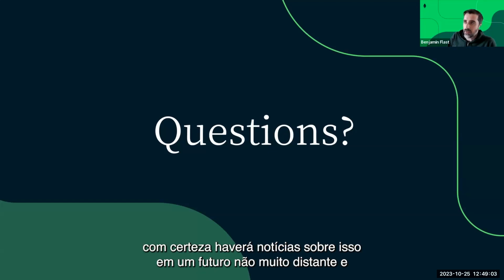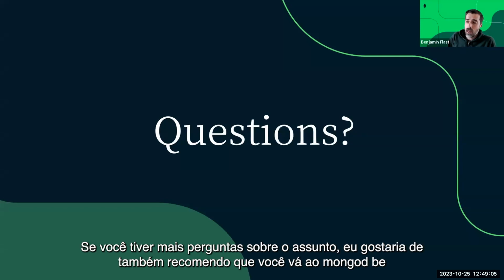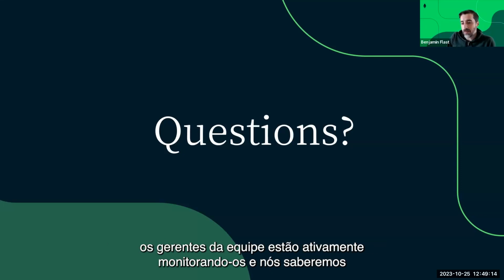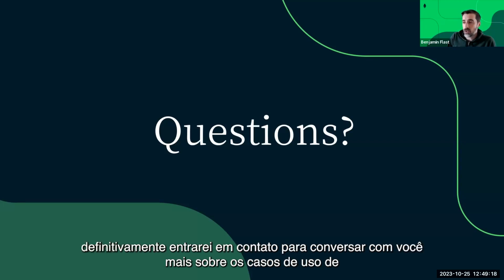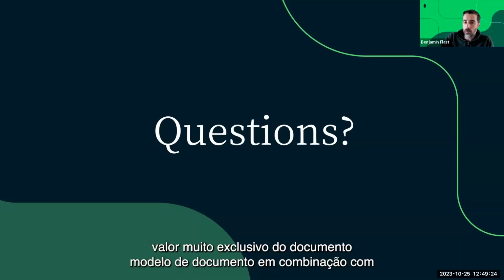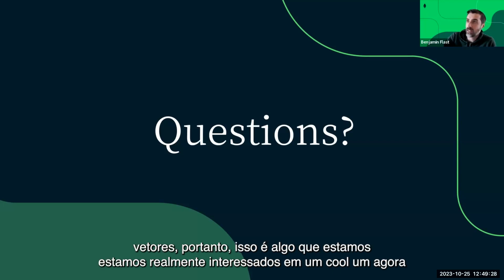There'll definitely be news about this coming in the not too distant future. And if you have more questions about it, I'd also recommend you go to the MongoDB community forums to ask about it. Myself and other product managers on the team are actively monitoring those, and we will definitely reach out to chat with you more about the use cases for this. We're super excited about it, and we think it's one of the very unique value props of the document model in combination with vectors. So that's something we're really interested in.